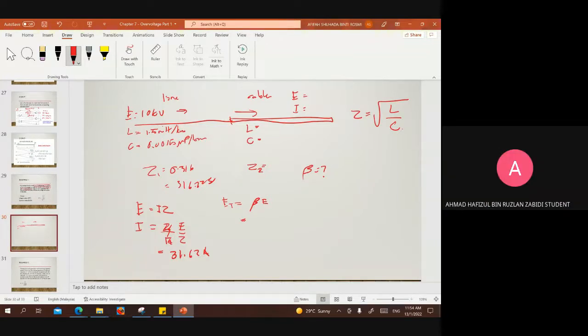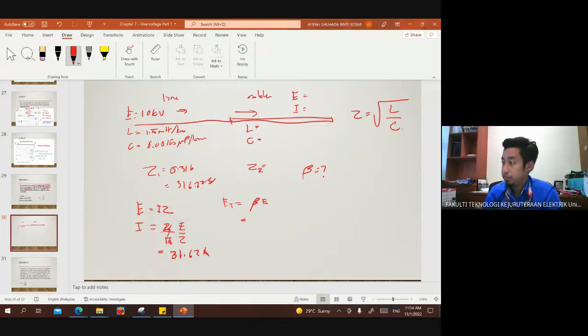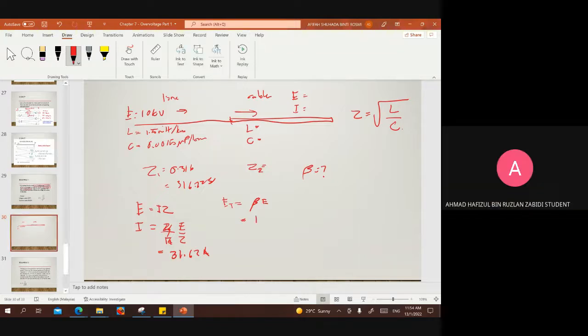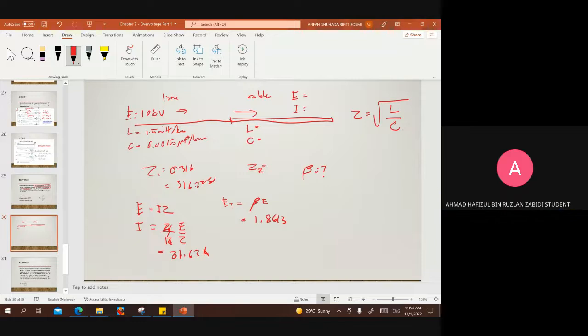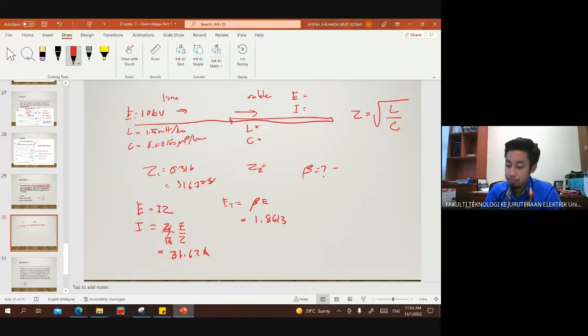Satu 1.8613. Berapa? 1.8613. Betul? Nilai beta, beta? 1.8613. Okay.